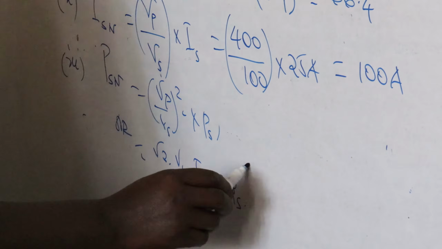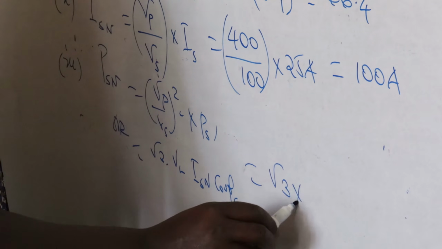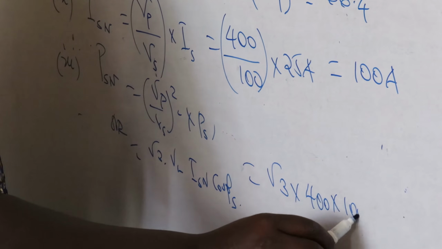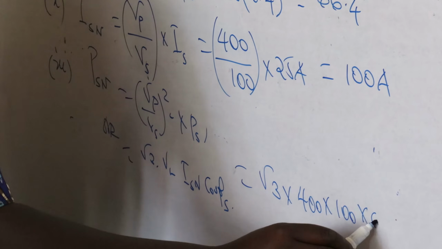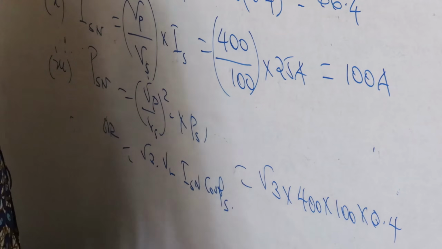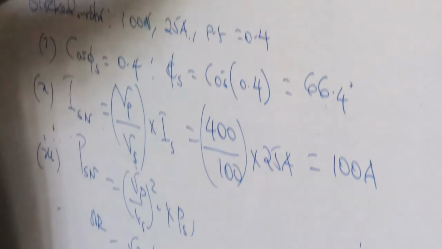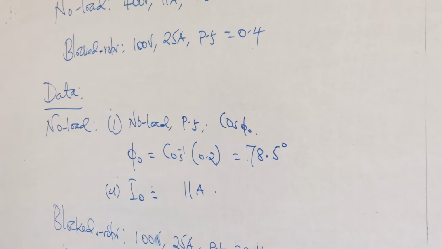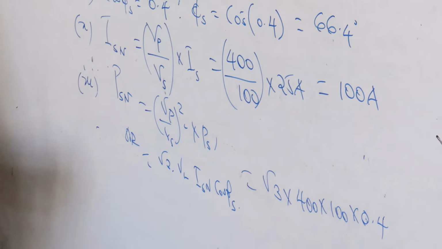So we are saying this is root 3, 400, ISN is 100, cos of that is 0.something. That should give us the PSN.